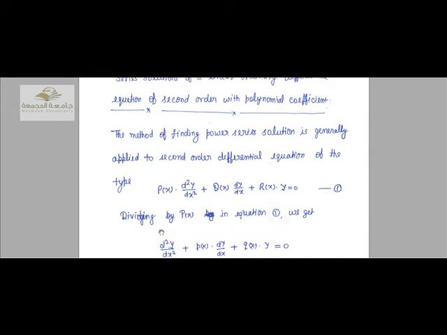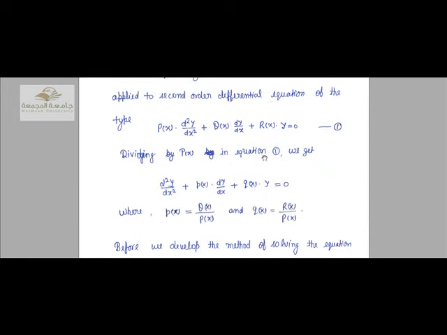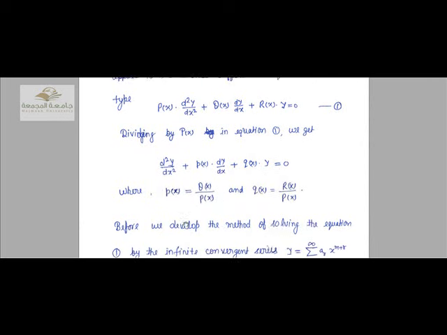Equation number 1. Dividing by P(x) in equation 1, we get d2y over dx2 plus small p(x) into dy by dx plus small q(x) into y is equal to 0, where p(x) is equal to capital Q(x) over capital P(x) and q(x) is equal to capital R(x) over capital P(x).